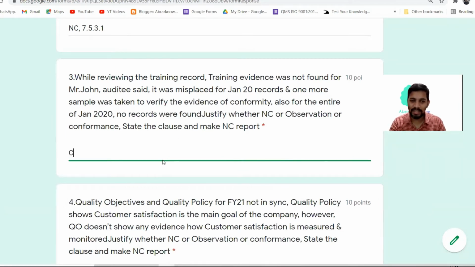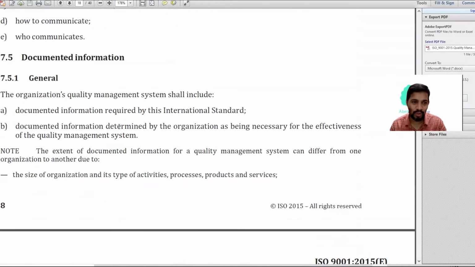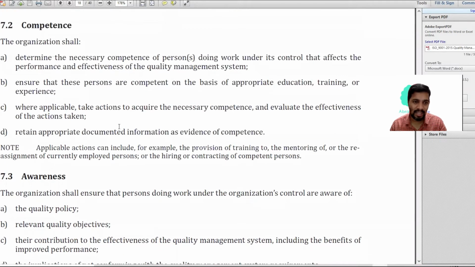And what is the class number? Anything and everything on the training, you will give a class number 7.2. More specifically, we will go to the standard 7.2. If you read it, 7 competence, right? More specifically D, but I would like to give the 7.2 whole class. Why?